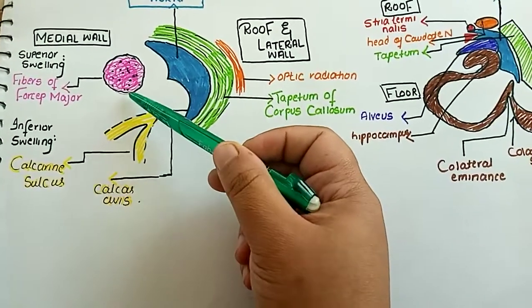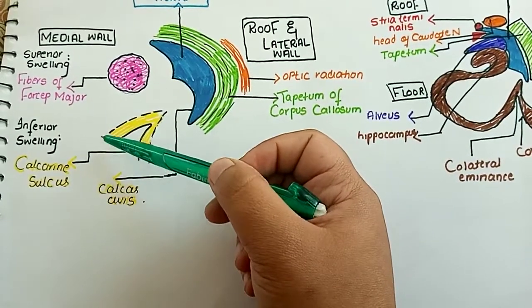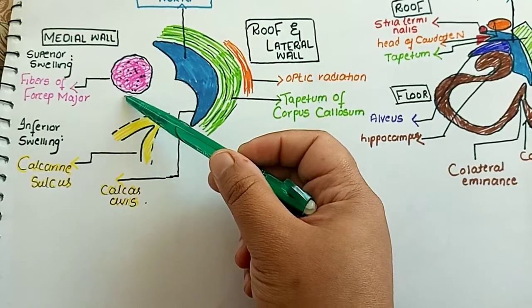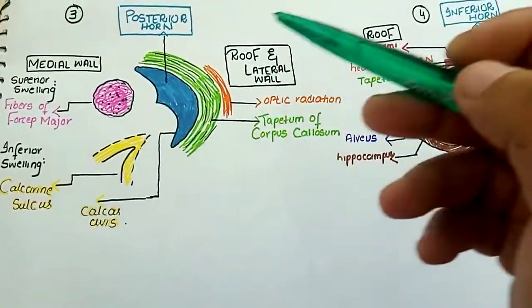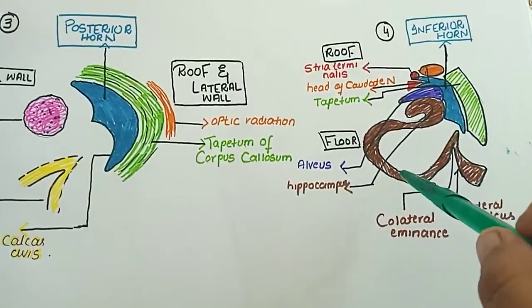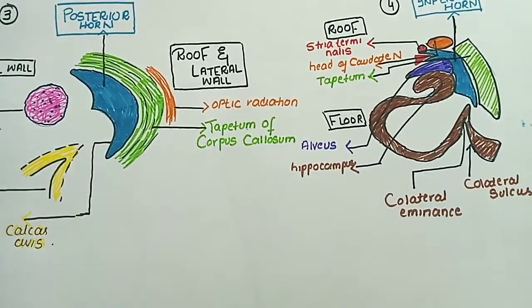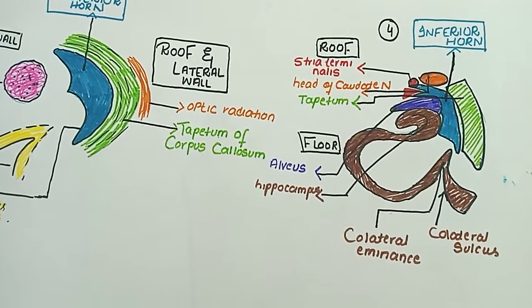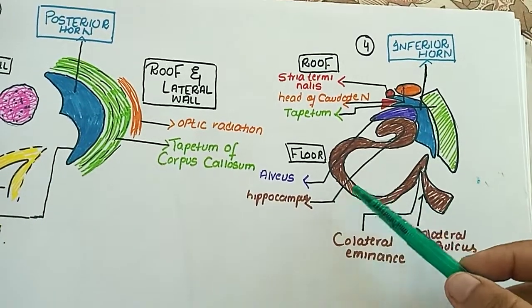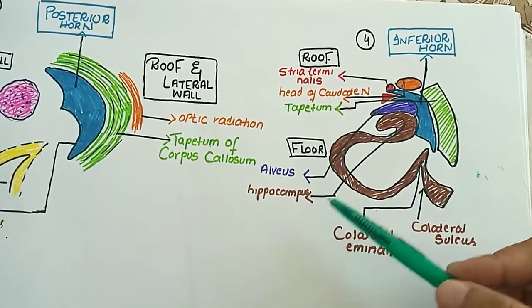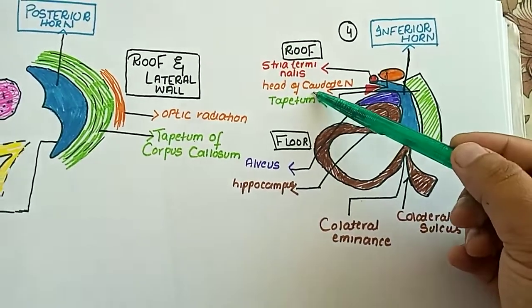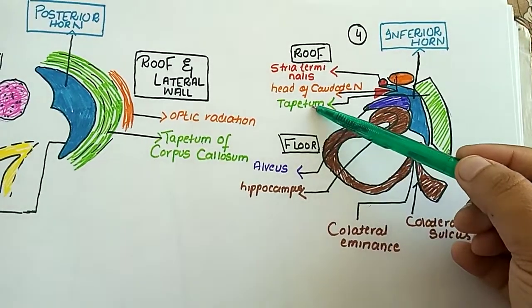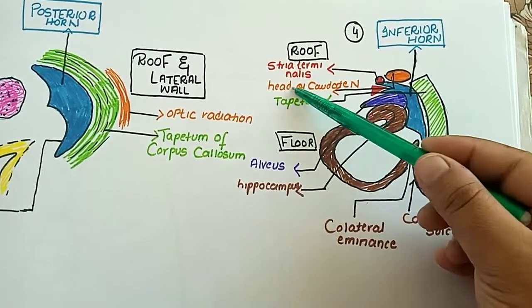So the medial wall is formed by the superior swelling of fibers of the forceps major and the inferior swelling of the calcar avis. The inferior horn of the lateral ventricle extends into the temporal lobe, and the roof of the inferior horn is also formed by the tapetum of the corpus callosum, the splenium fibers of the corpus callosum.